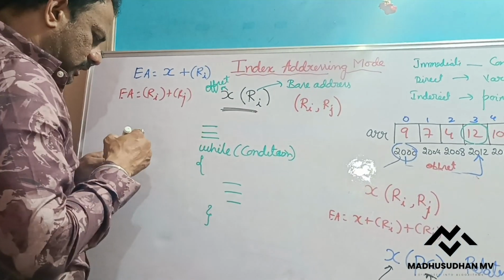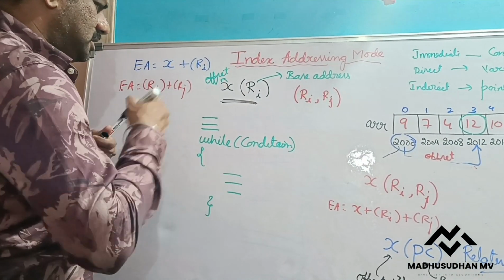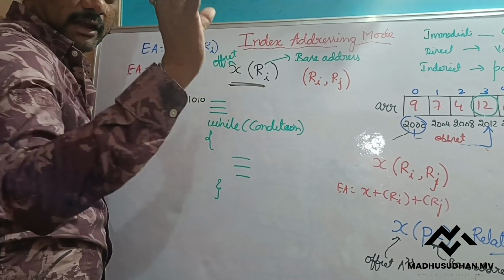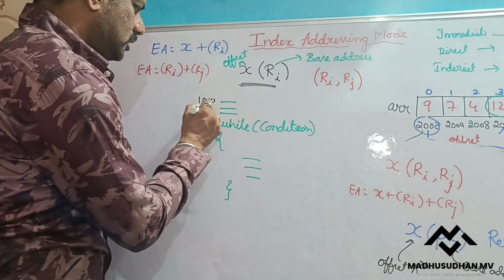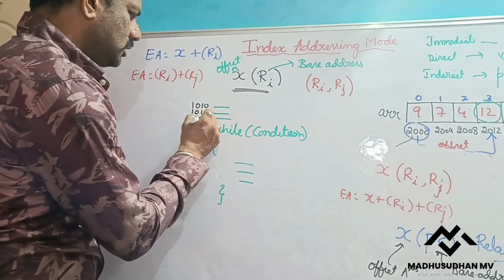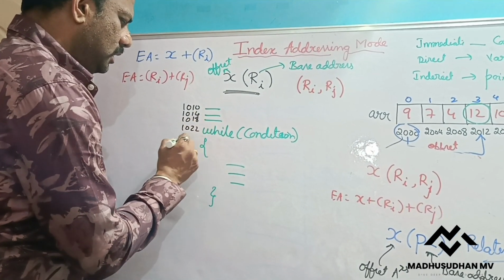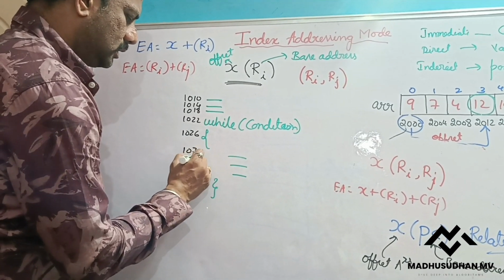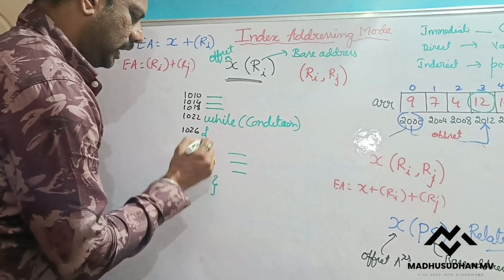Now assume this statement starts from the address 1010. Assume each instruction takes 4 bytes. This instruction 1014, this is 1018, this is 1022, this is 1026, this is 1030, 1034, 1038.